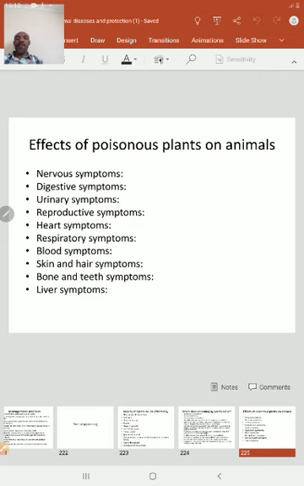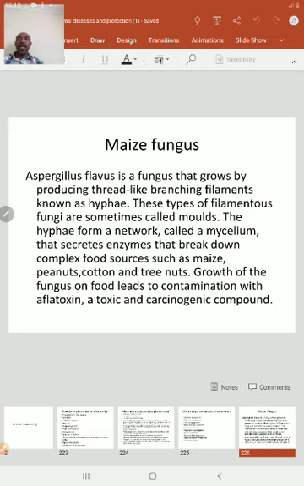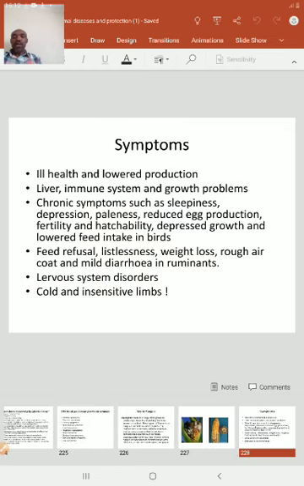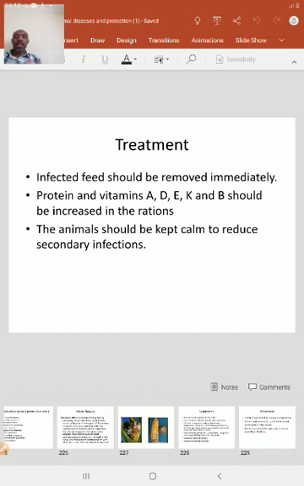These are all the effects of poisonous plants: nervous symptoms, digestive symptoms, heart problems, respiratory problems, and skin and hair problems. These are three examples of plant poisoning. Maize fungus, there you can see the maize fungus, and those are the symptoms and the treatment.